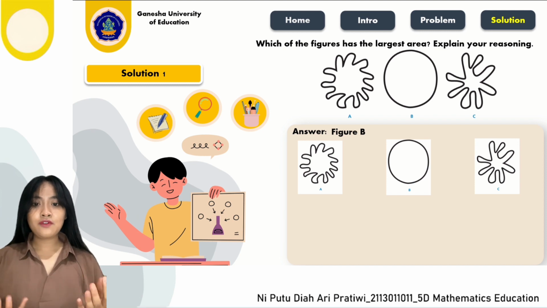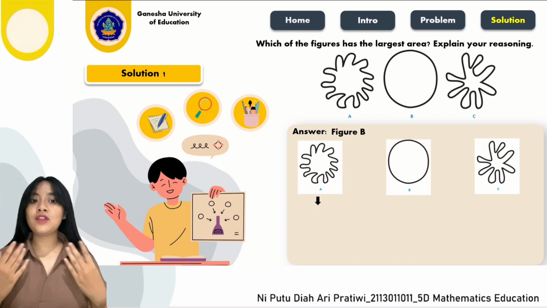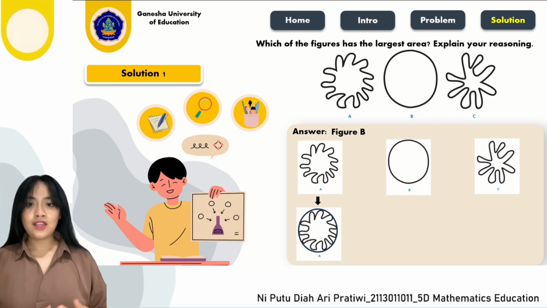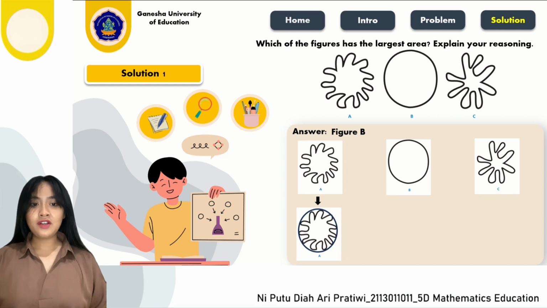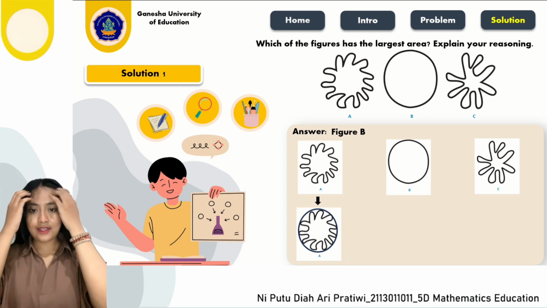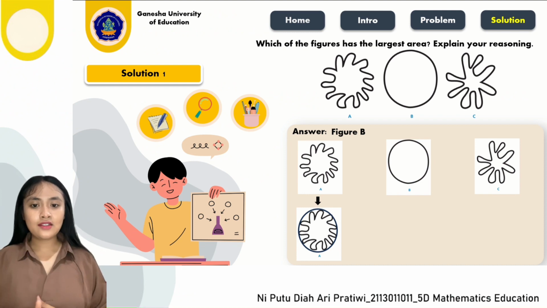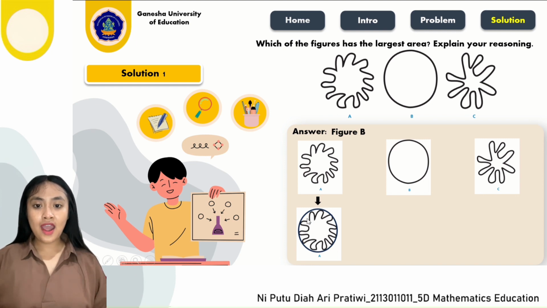Okay, the first is figure A or shape A. Let's compare figure A with the circle like this. So we can see that figure A does not cover the area of the circle. So we can see figure A has gaps.